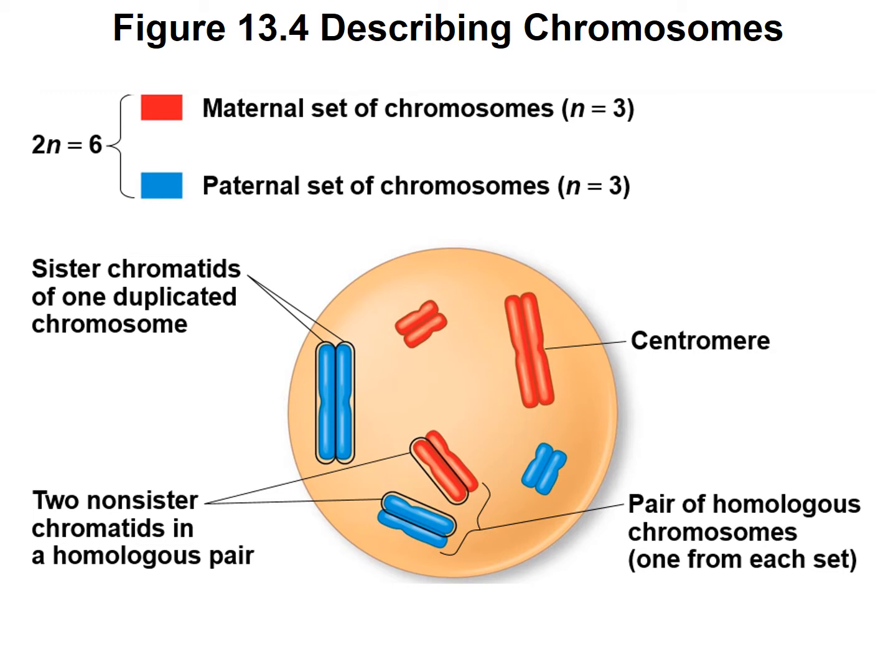On the bottom right, it says pair of homologous chromosomes, one from each set. So let's say whatever organism we're looking at, this is chromosome number 2. So you have a pair of number 2 from your father, 2 chromatids, and a pair of 2 chromatids from your mother for number 2. If you take one of the chromatids from the mother and one from the father, these are called non-sister chromatids because one comes from each parent.